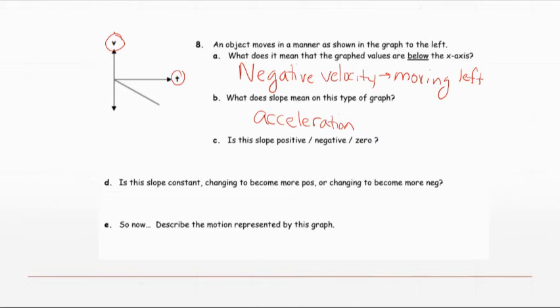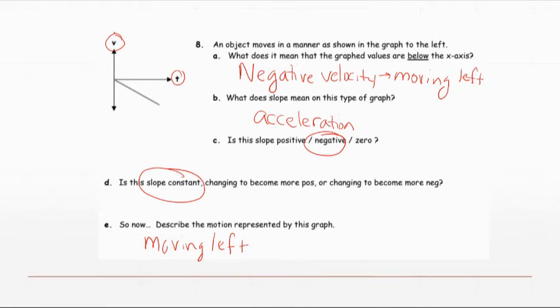Is the slope positive or negative in this case, or 0? It is definitely negative. Now, is it constant, changing to become more positive, or changing to become more negative? It is a constant slope. I would be able to figure out what that value is. So let's describe this motion. Because our velocity is negative, our object is moving left, okay?